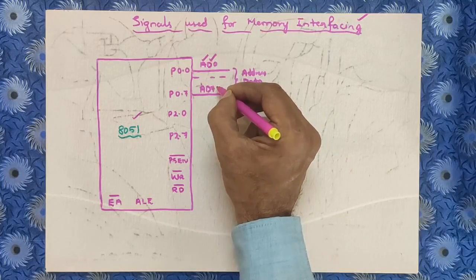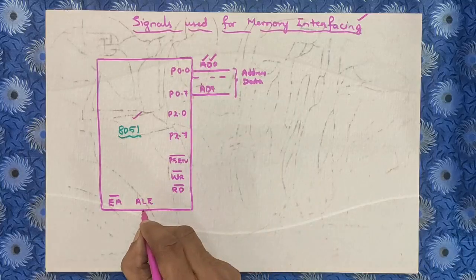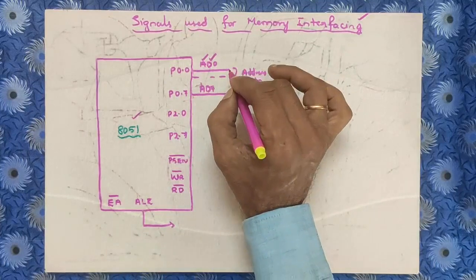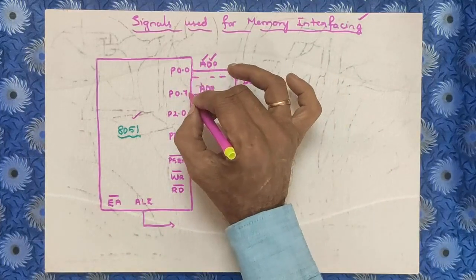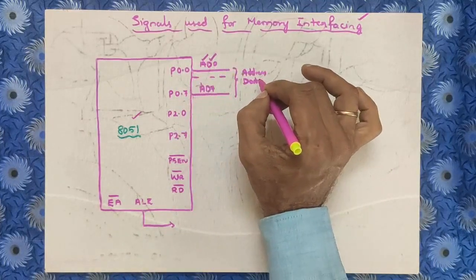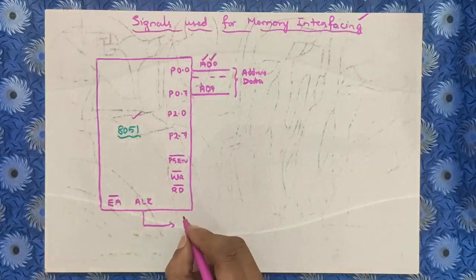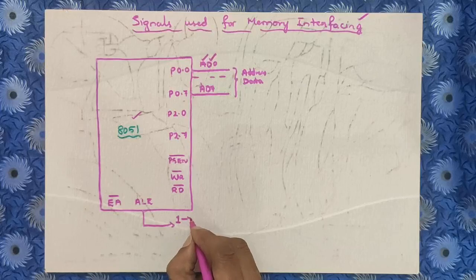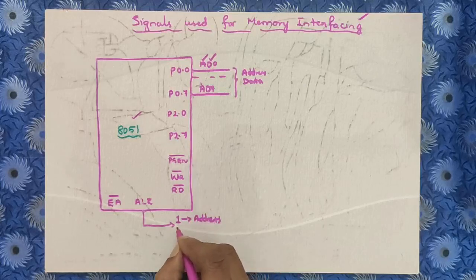Who decides that? Address Latch Enable decides whether the information present on P0.0 to P0.7 is address or data. If ALE is 1, then it indicates that whatever information is there is address.